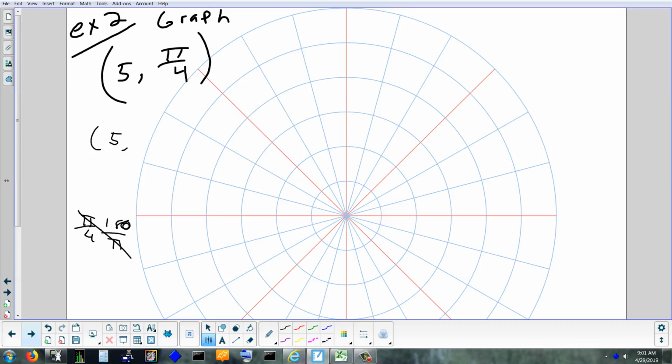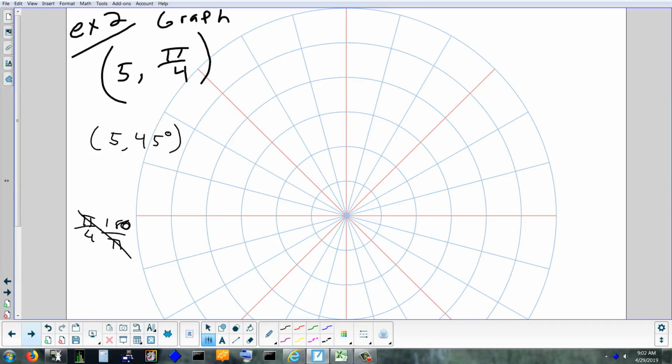The pi's cancel out. So what do I have to do now? Well, William, what would you do if that was your calculation? Would it be 180 divided by 4? Yes. And what would that come out to? Yeah, 45. All right, so now we know that's a 45-degree angle.